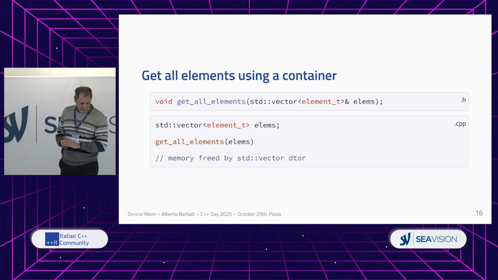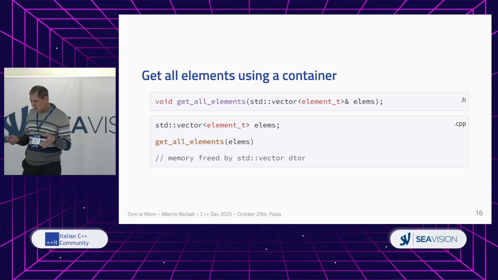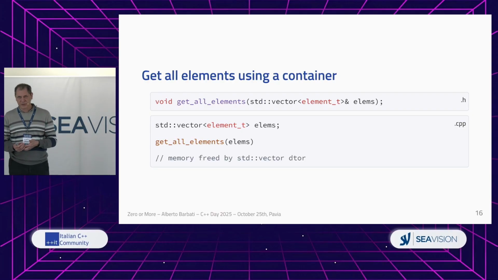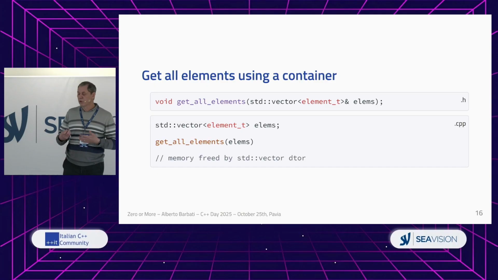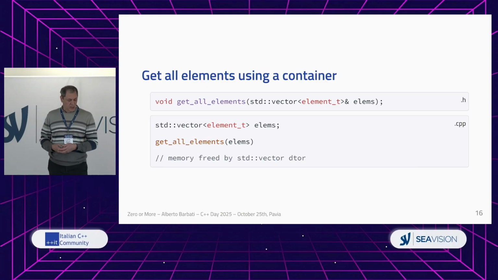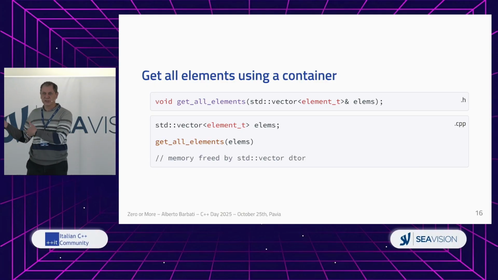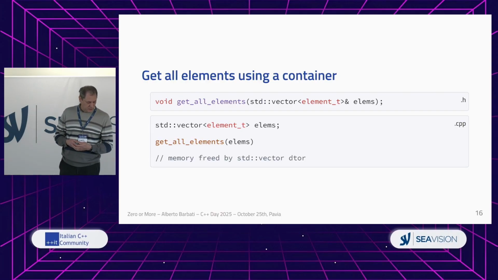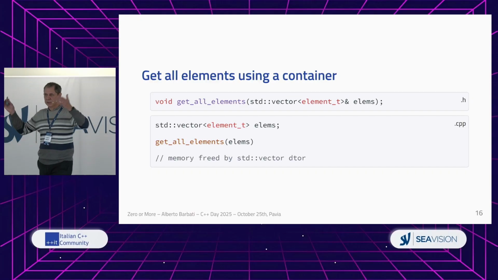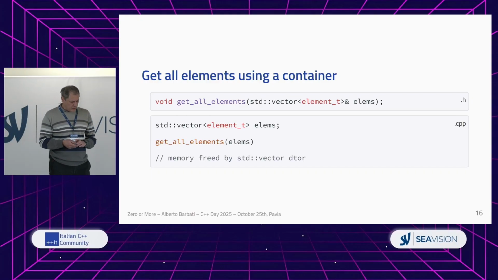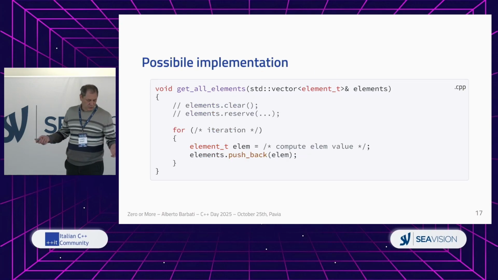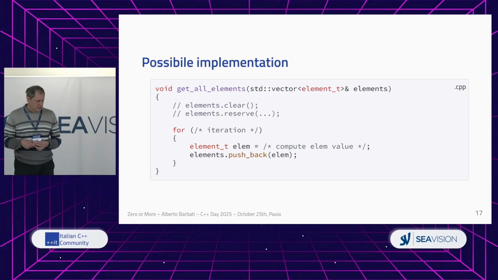So instead of allocating a buffer and having the nuisance of freeing the buffer, you can just use std vector and let the destructor of the vector deallocate the memory. So you create a vector like this, and call get all elements. Okay, I have all the elements. A possible implementation, for example, can be here.